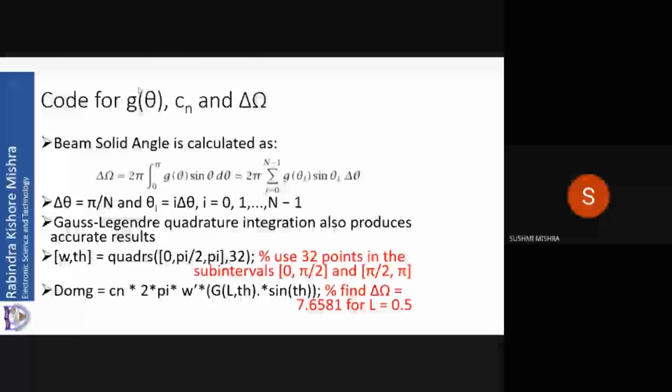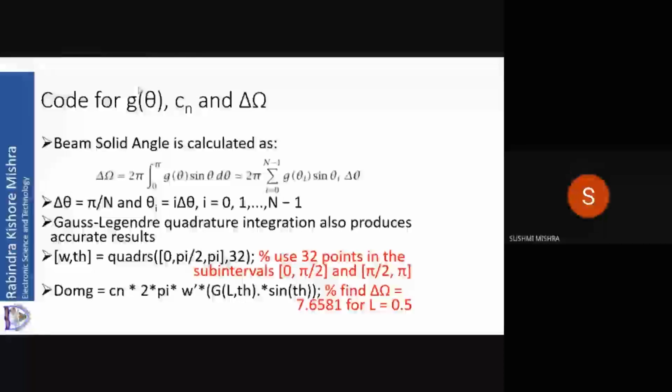You can see in the previous slide we started with 2 star pi, then we used the function sum. Here it is summation I is equal to 0 to n minus 1. So 0 to n minus 1 means there are n number of terms. 1 to n minus 1 means there are n minus 1 number of terms. 0 to n minus 1 is n number of terms. All terms we are considering.